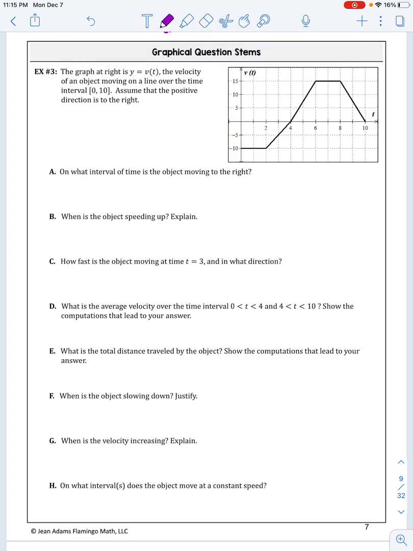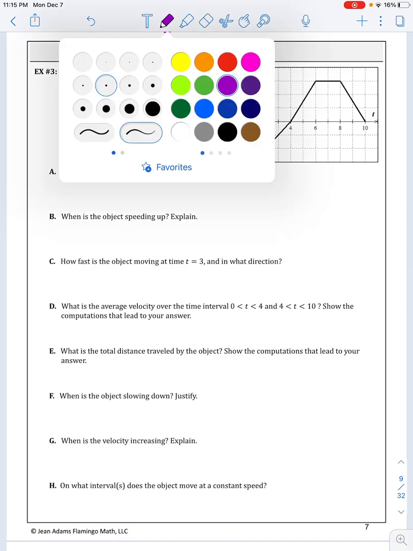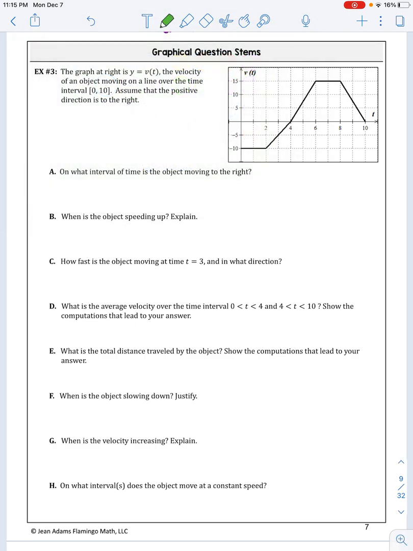Oh my gosh. So example number 3, the graph at the right is y equals v of t, the velocity of an object moving on a line over the time interval from 0 to 10. Assume that the positive direction is to the right. On what interval of time is the object moving to the right? Since this is velocity, it will be moving to the right when it is above the x-axis, and it is above the x-axis from 4 to 10.